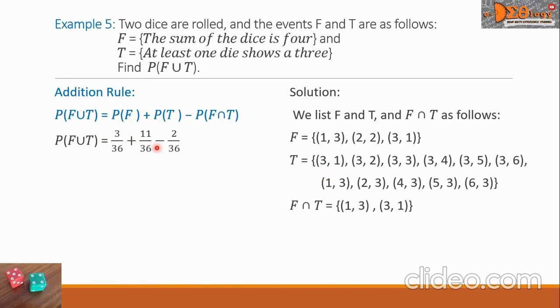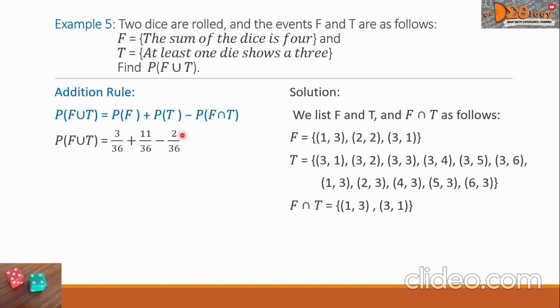Over 36, again there are 36 possibilities in the rolling of two dice. Then minus the intersection. So we write 2 over 36.